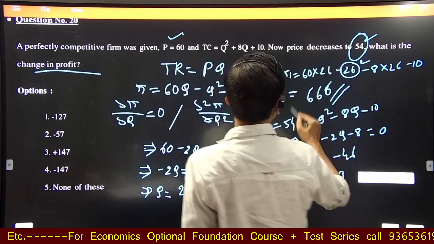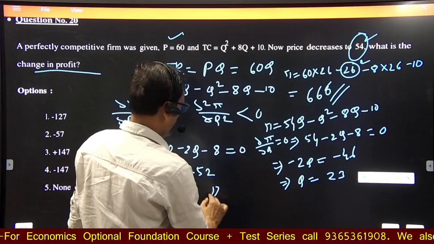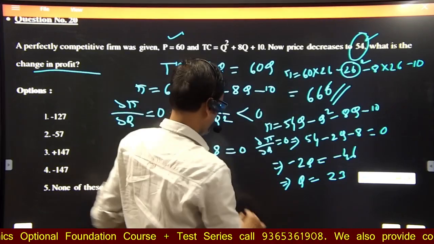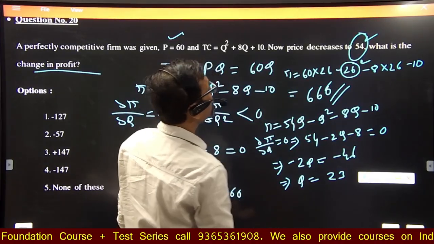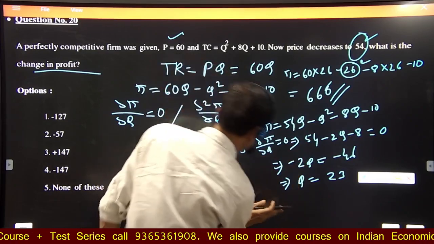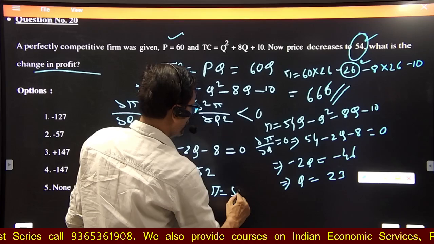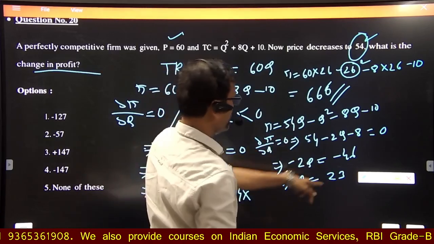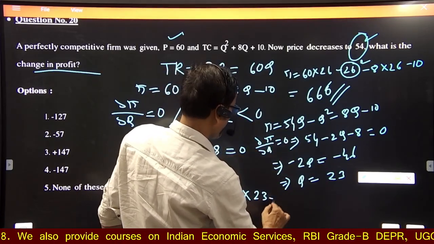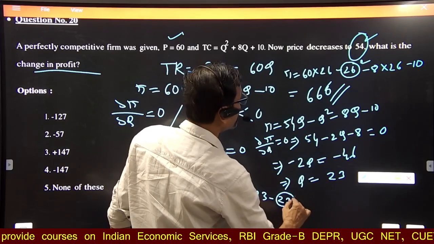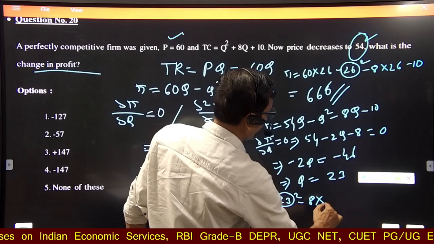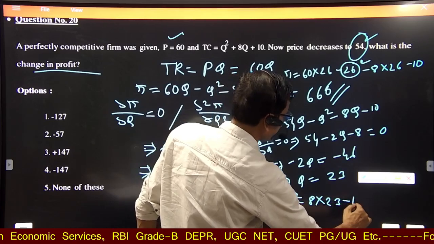So now what will be the new profit after the price declines? 54 into 23 minus 23 square minus 8 into 23 minus 10.